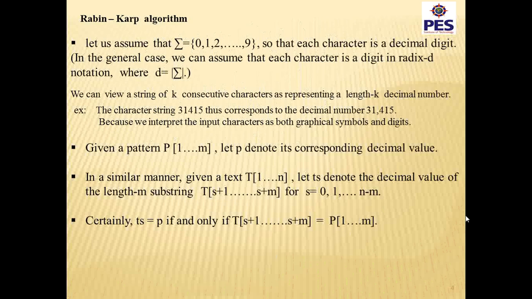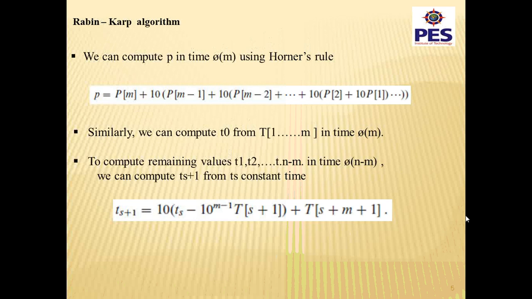The decimal values of the pattern string and the text string are equal if and only if the pattern matches the text string, that is, the string exists in the text string. We can also compute the value of p using Horner's rule as shown in that equation.